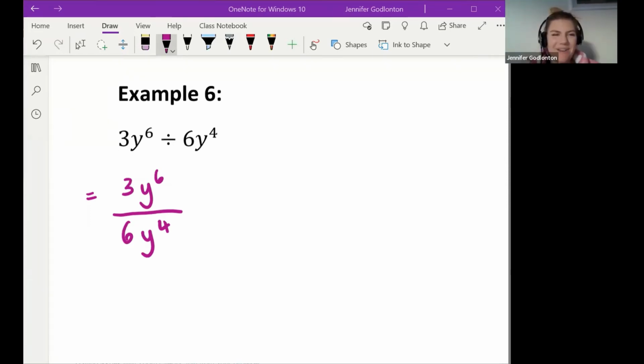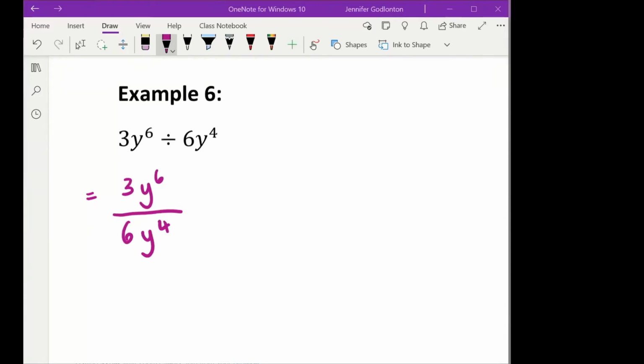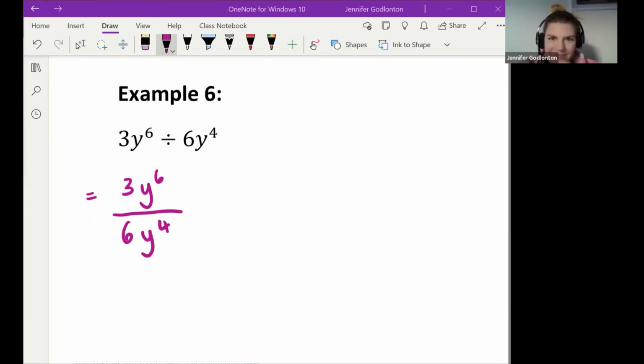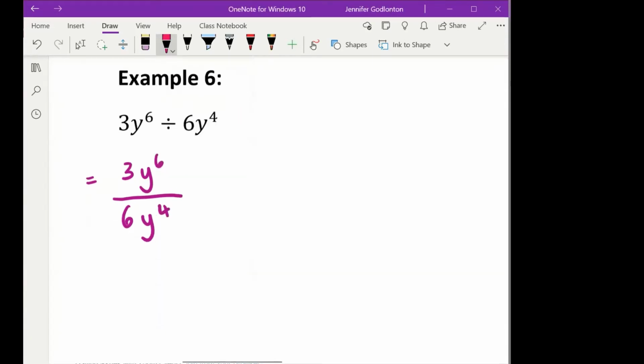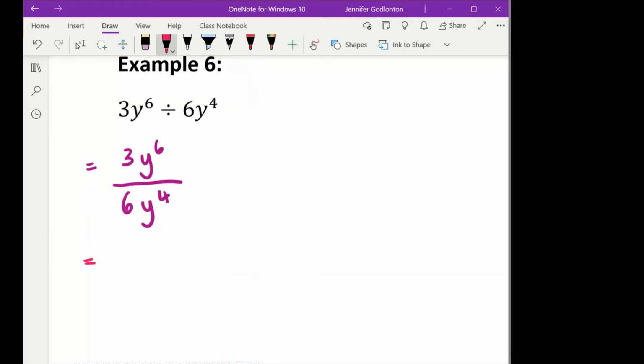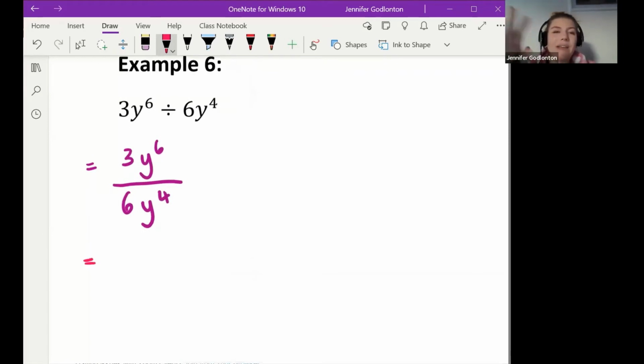Precious, are you feeling confident to answer? Yes, ma'am. Okay, tell me what I can do. So, ma'am, the answer that I got is a half with y over 2. Beautiful. Okay, so I'm going to write it as one fraction. What you've written is 100% great. Mine might look a little bit different, but what you've said is perfect.